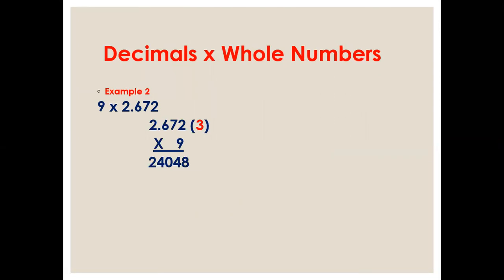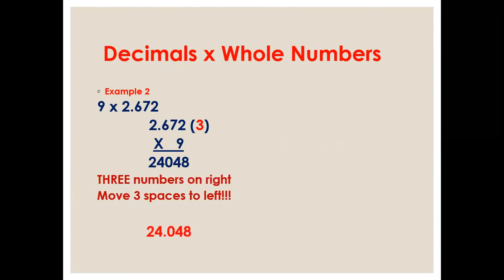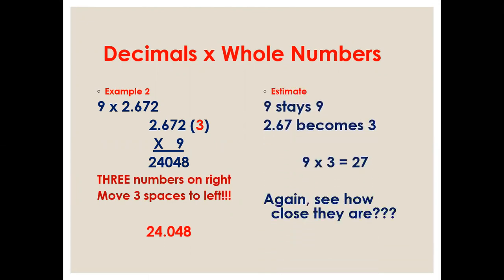So the answer also should have three decimal places. So the answer we got is 24048, and move three places in it, you will get 24.048. And the estimated answer you can see, which is 27, is also closer to it.